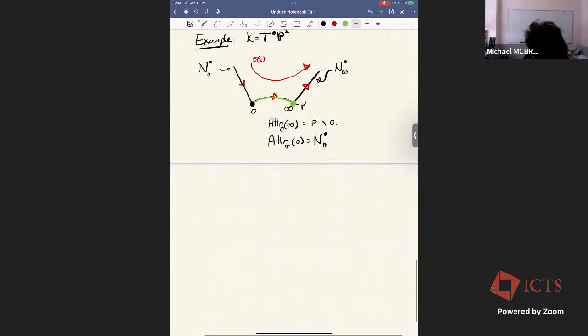We define the full attracting locus of P to be not just its attracting cell, but also all of the downstream attracting cells.